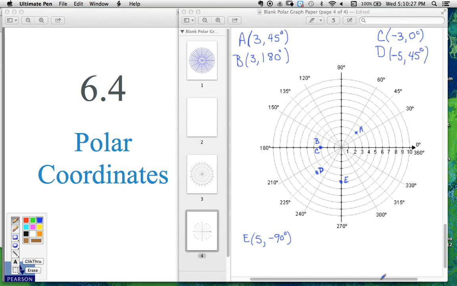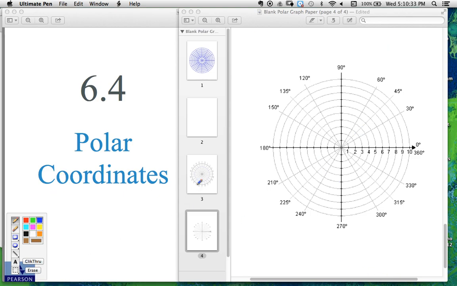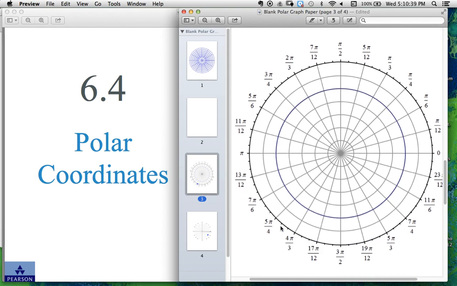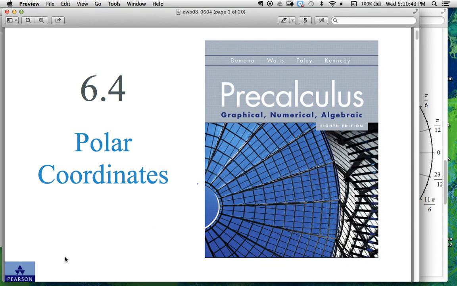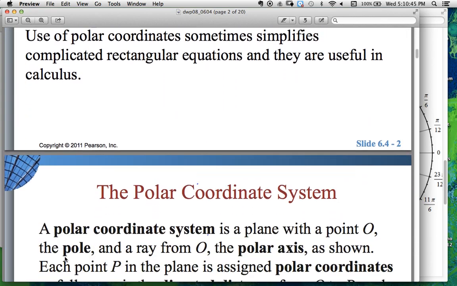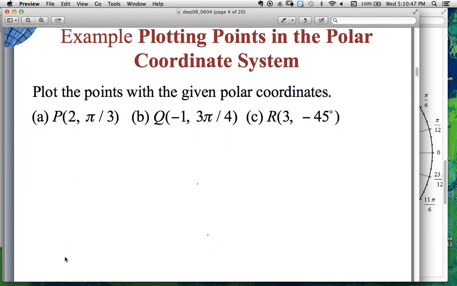You can also do the same kind of thing using radians instead of degrees. So for that, I will find the one that has radians here. Okay, and let's do some practice problems here.